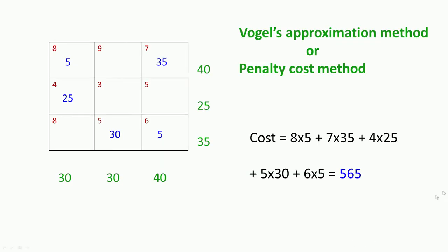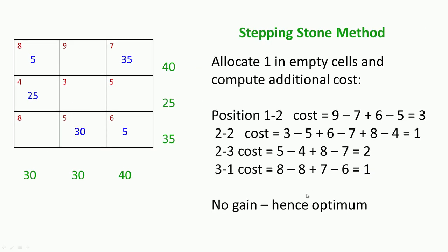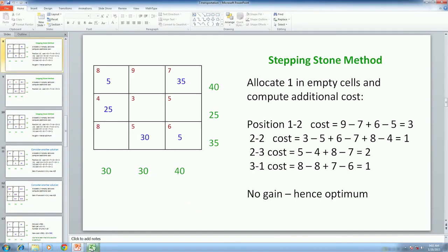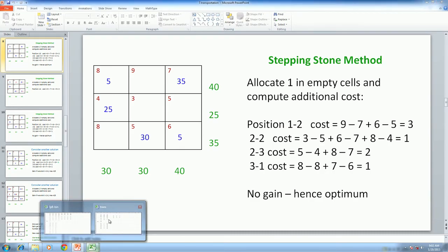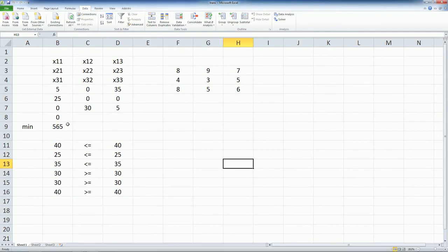So, Vogel's approximation or penalty cost gave 565. We also said later when we use the stepping stone method, we said no gain and hence optimum. So, the optimum cost is 565 for this transportation problem, which we got from our solution.